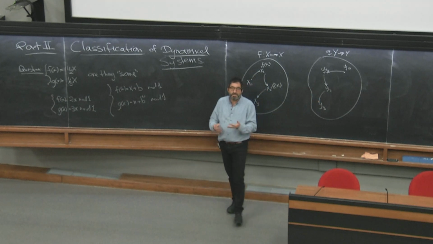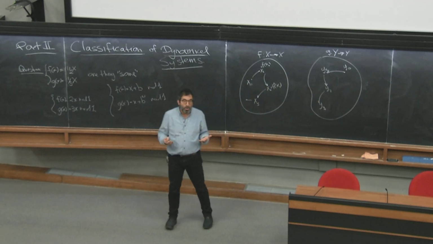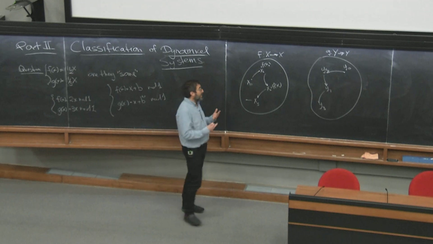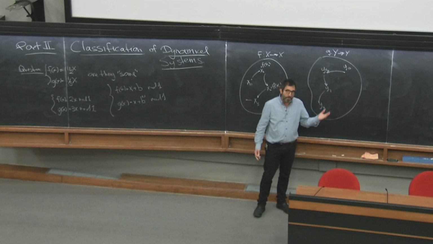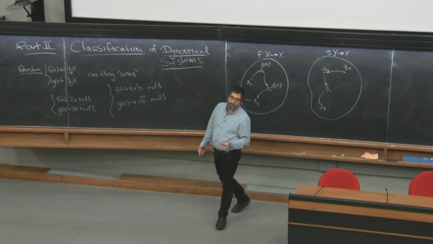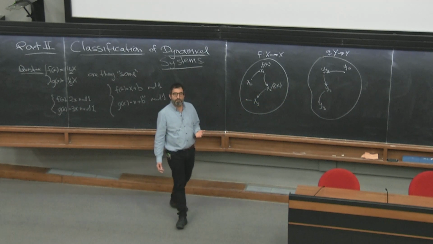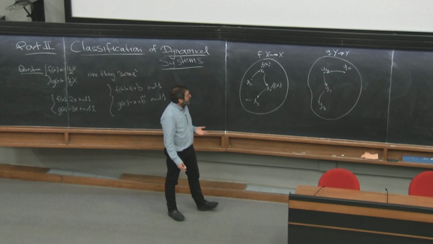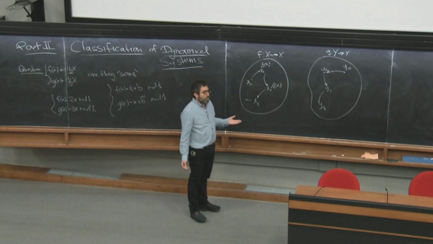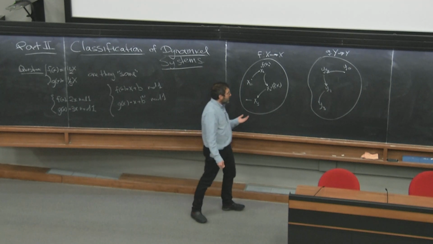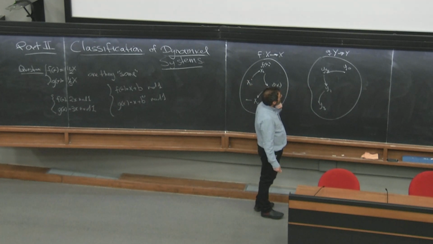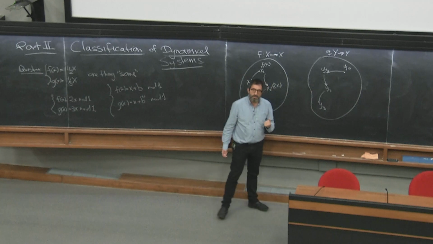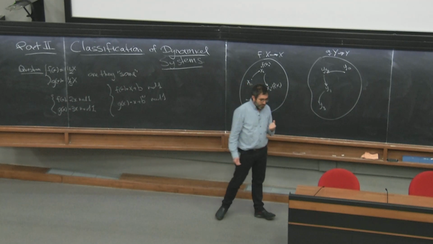Or would you be surprised if I say, yeah, they're the same, but this one has a fixed point and this one does not, but still they're the same in some way? What kind of properties should an equivalence preserve in the two systems?